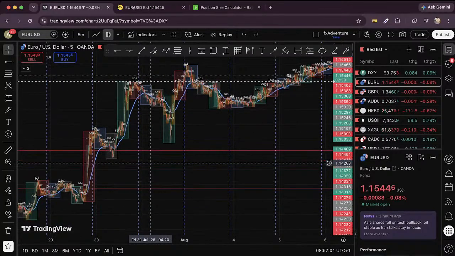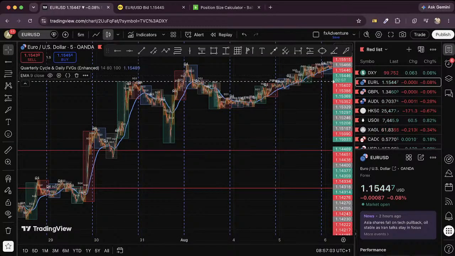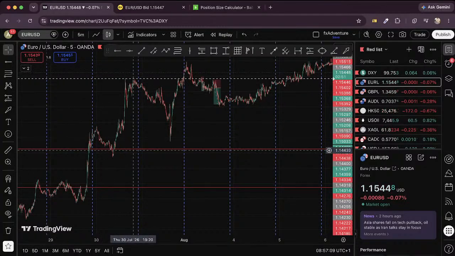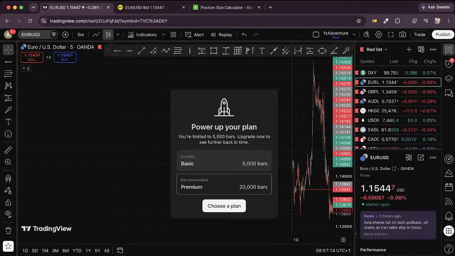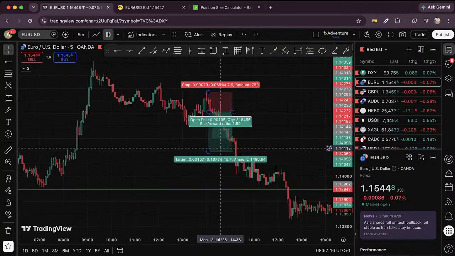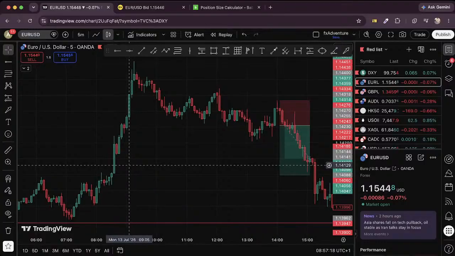So now that we have backtested, what I'm going to do is close all drawings and go back and count the positions we saw and the wins and losses.